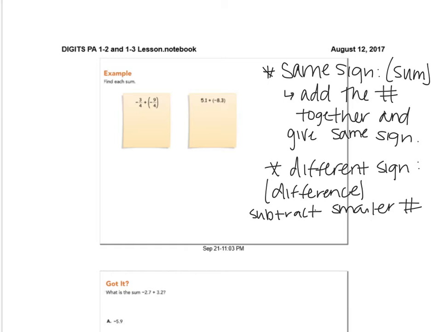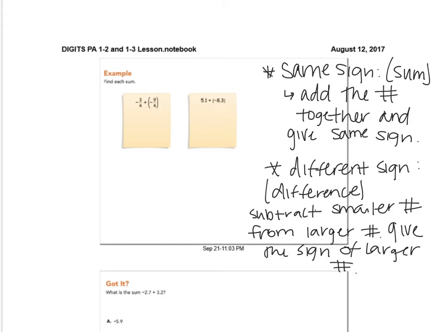So subtract smaller number from larger number. And then give the sign of the larger number. So if the larger number is negative, then you're going to subtract the 2, and then the answer will be negative. If the larger number is positive, then you're going to subtract the 2 numbers from each other and give the answer a positive sign.